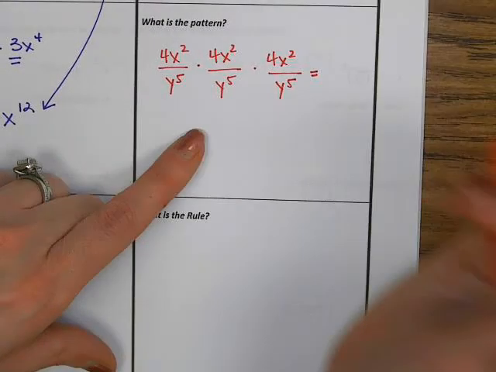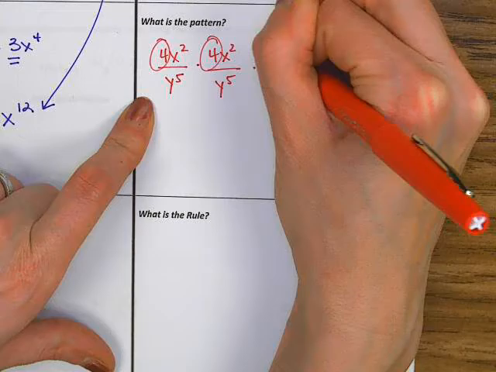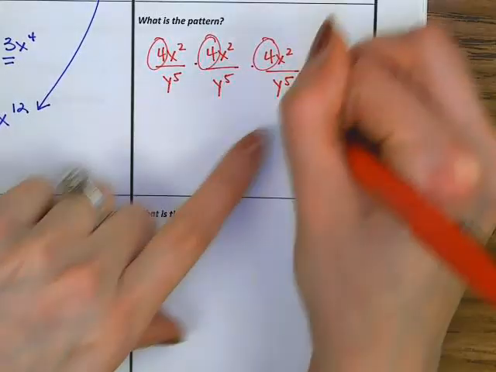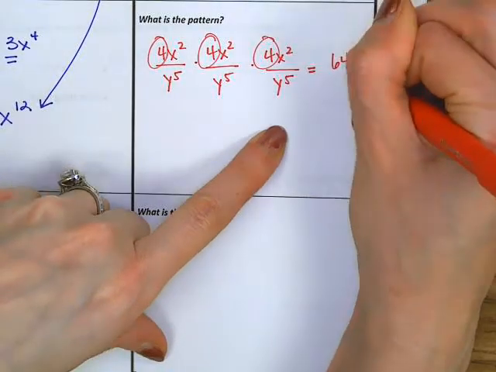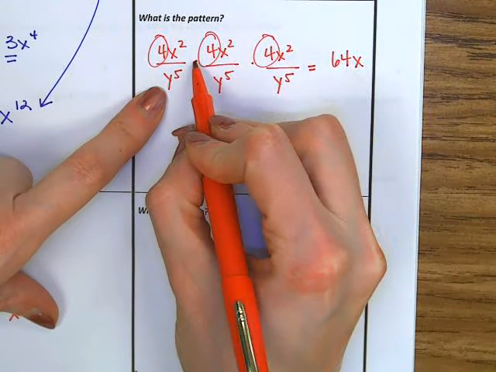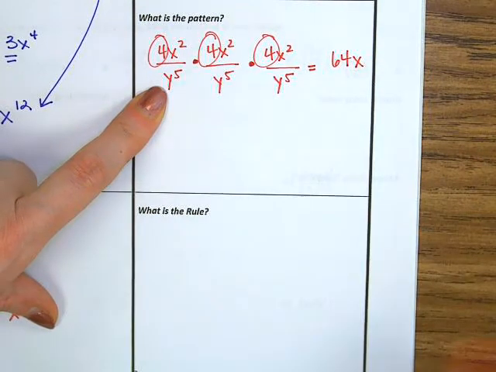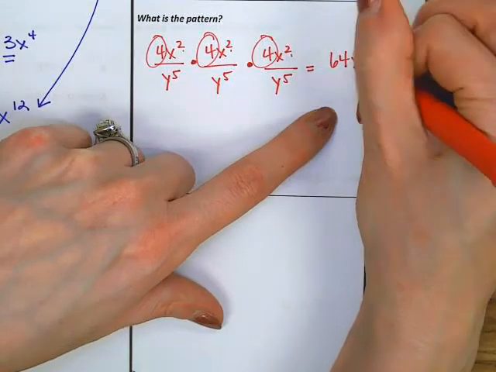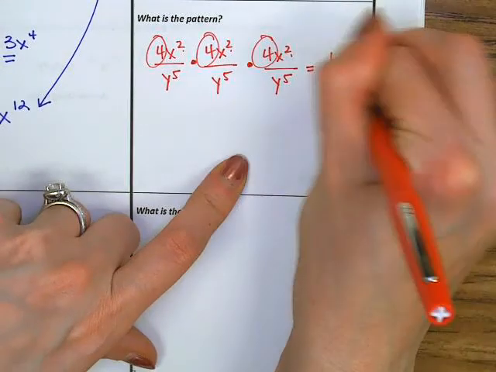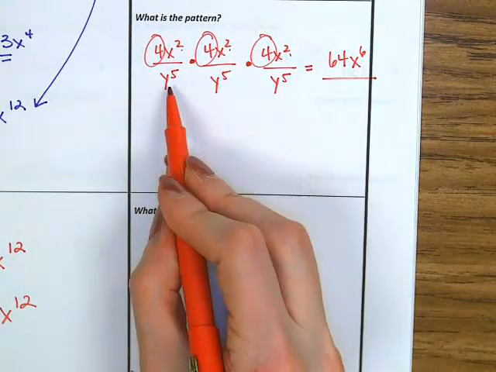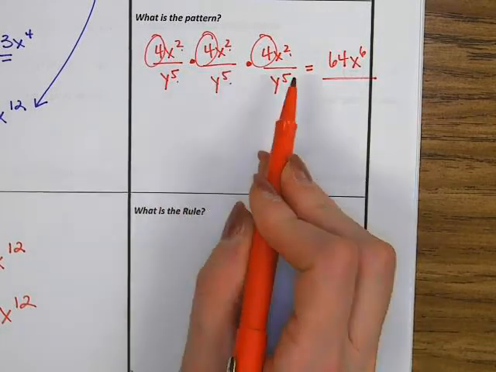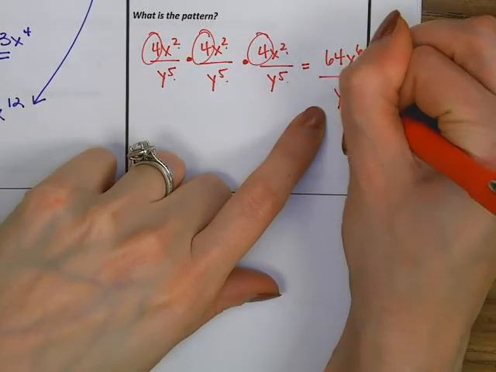So along the top, 4 times 4 times 4 is, I think, 64. And how many x's? Well, when you're multiplying x's, you add. 1, 2, 3, 4, 5, 6 of them. On the bottom, when you're multiplying y's, you add. 5 plus 5 plus 5 is y to the 15th.